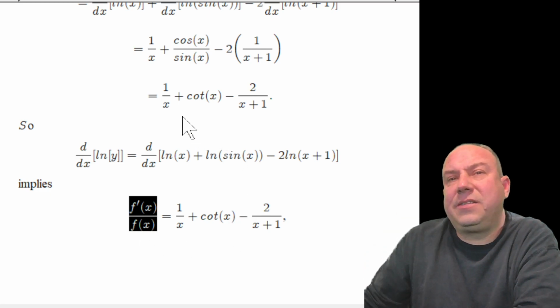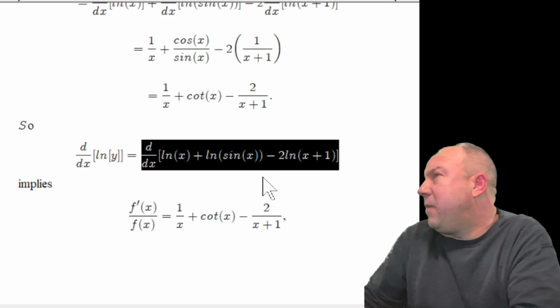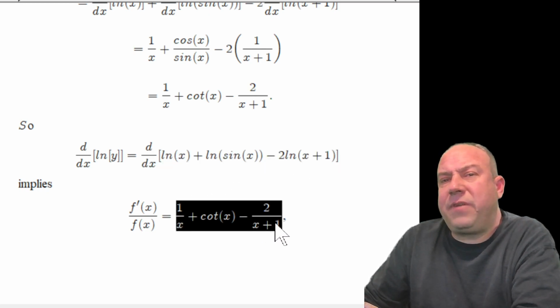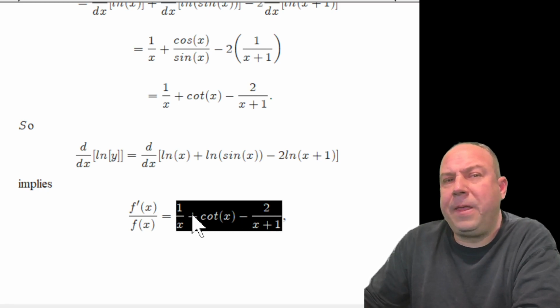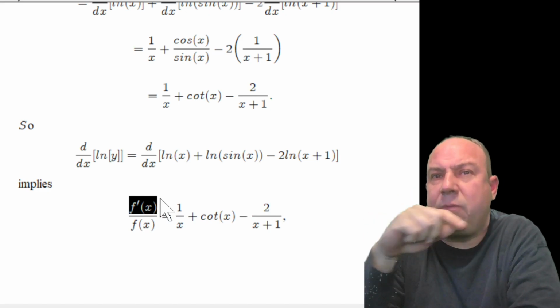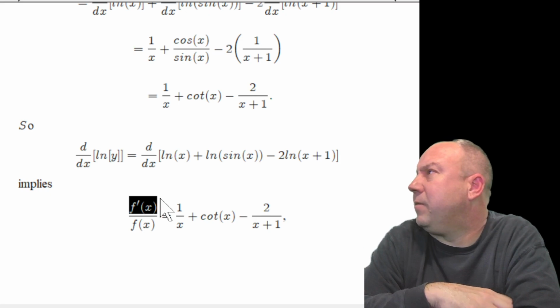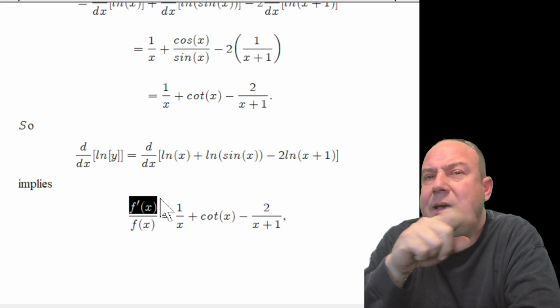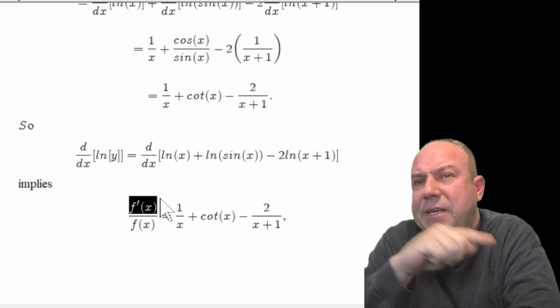And on the right-hand side, we just showed the derivative for this statement involving the natural logarithm simplifies into 1 over x plus cotangent of x minus 2 over x plus 1. Where what we're looking for is the derivative of y with respect to x, which is this f prime of x sitting right here. That's the value we're seeking.